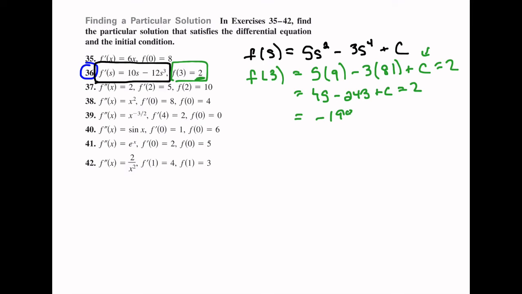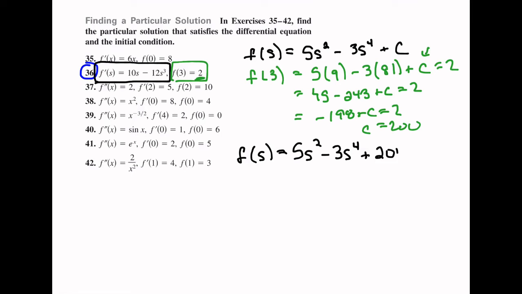Negative 198 plus c is 2, so c is 200. So your final answer for this problem is f of s equals 5s squared minus 3s to the 4th plus, now I can plug that in for my c, 200. And this is a function.